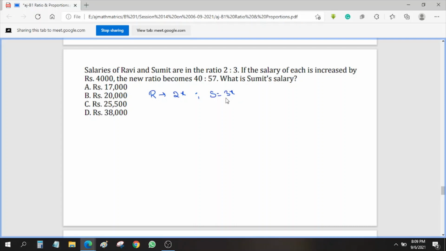Now, if the salary of each is increased by 4,000, the new ratio is 40 is to 57. Each salary is increased by the same number, so 2x plus 4,000 and 3x plus 4,000. If both are increased by 4,000, then the ratio will be 40 by 57. This is the equation we get.